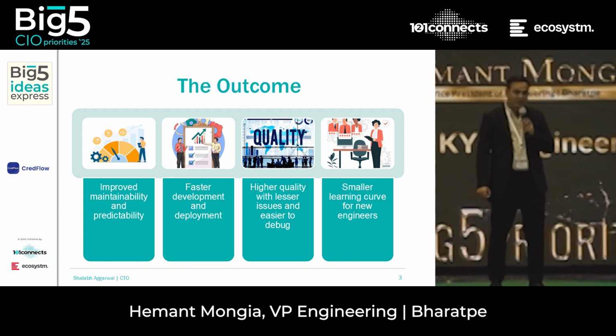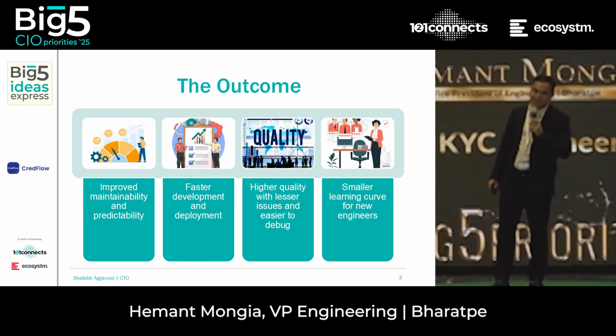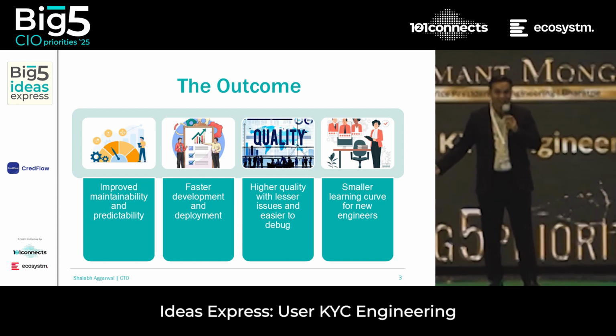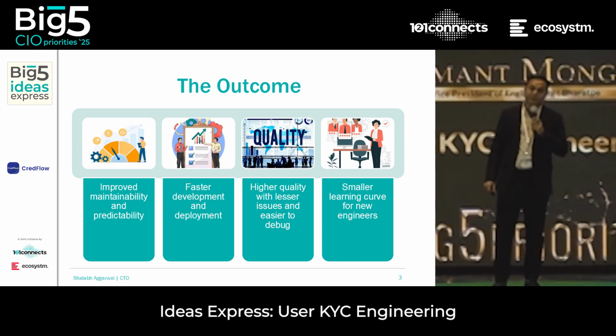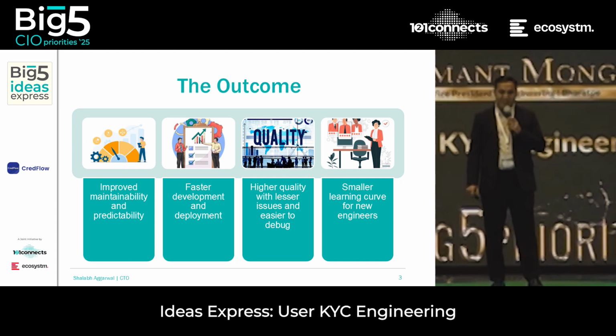Then the fourth stage was optimization. So now you have a very good system running, right? But it's incurring a lot of cost, right? So we built some of the capabilities in house, which helped us save cost.